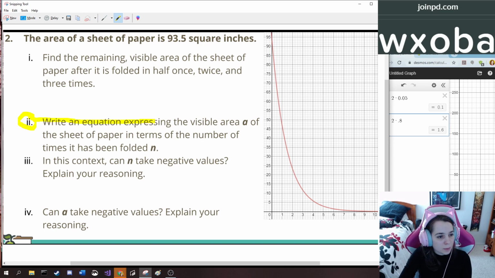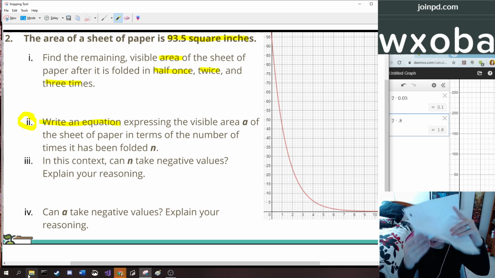Something you need to do for this problem is write an equation that represents this situation. Also, can you find the area if you folded it in half once, twice, and three times? So we know the starting area is 93.5 inches.